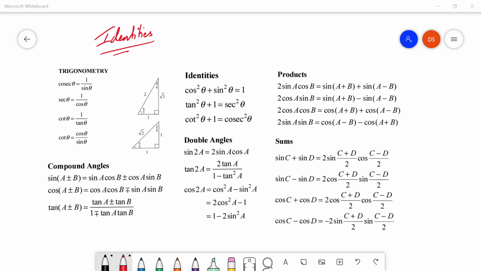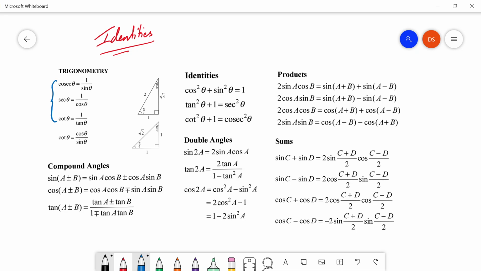I just wanted to update you on all of the identities that we've covered so far and then talk to you about doing some proofs. So really quickly, we started off the talk with looking at the reciprocal trig functions. These ones really unpacked what more we could find in here.